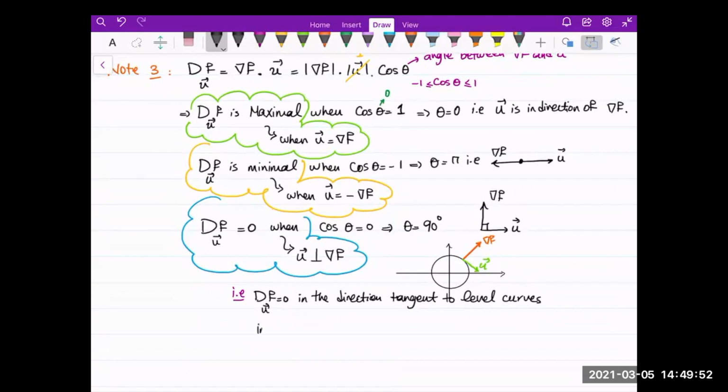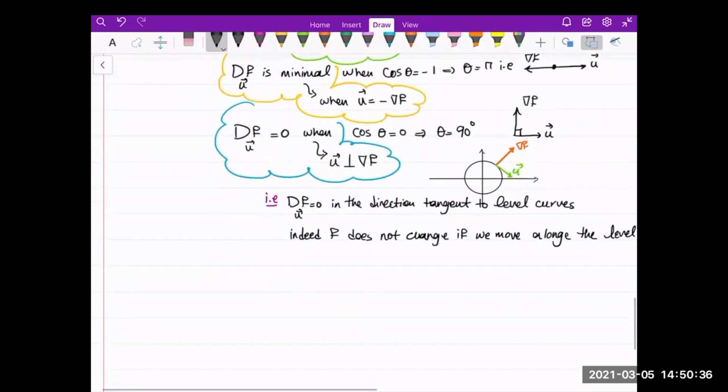So indeed, f does not change if we move along the level curves. Right? Because how do we get the level curves? We get the level curves when z is equal to a constant. So the function is like constant, right?